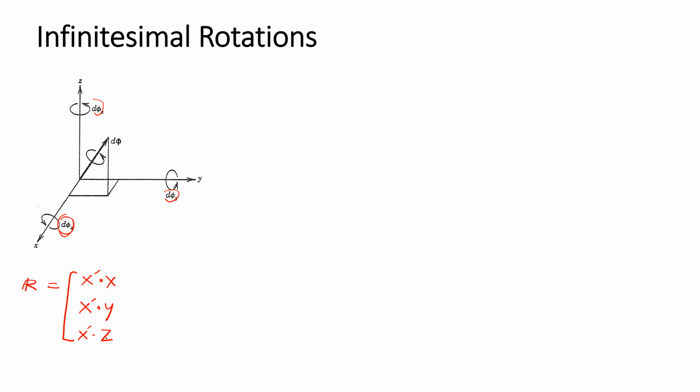In the first column is the new x-axis, in the second column the new y-axis, and the new z-axis makes with the original x, original y, and original z. We can set the unit vector for it. This is how we compose the rotation matrix.